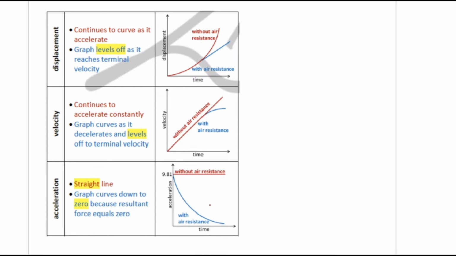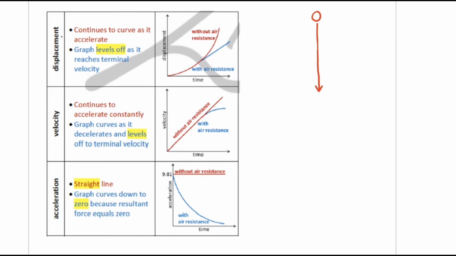Now, let's go through this. This table is about free fall again. Imagine when you release an object and let it fall freely under gravitational acceleration.